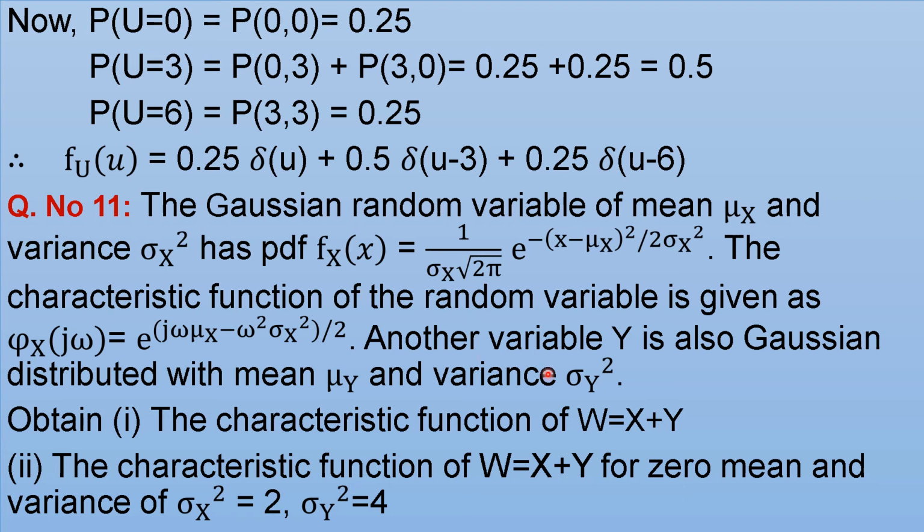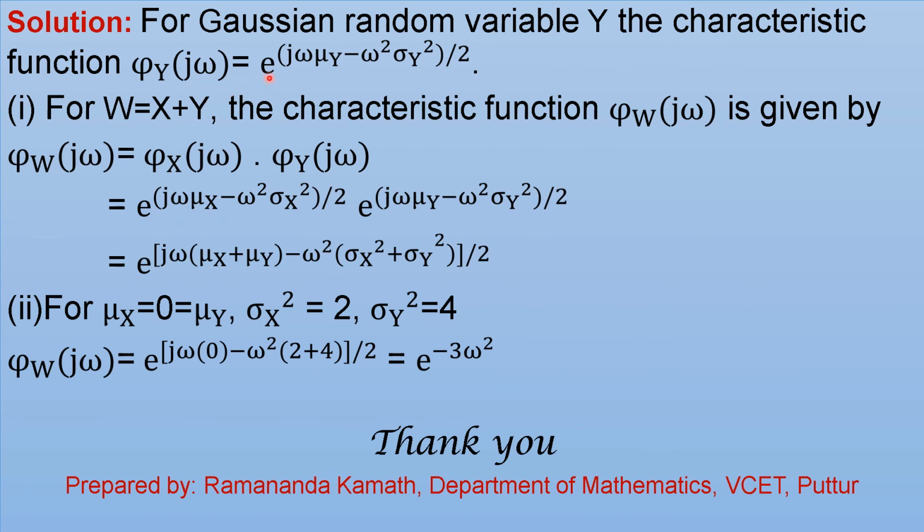First we'll find the characteristic function of the sum w. Since x is a Gaussian random variable, the characteristic function of x, phi x of j omega, is e power j omega mu x minus omega square sigma x square by 2. Similarly, the characteristic function of the Gaussian random variable y, phi y of j omega, will be equal to e power j omega mu y minus omega square sigma y square divided by 2.